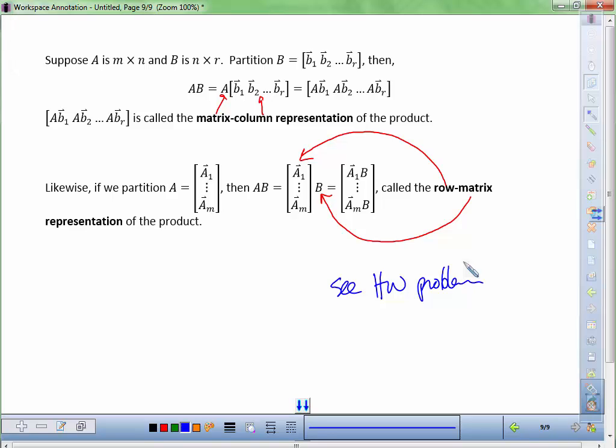And the last thing is an inner product versus an outer product. So in the matrix column representation that we have, what's happening between the middle commas? Are they multiplied? Well, technically these are column vectors. So this is one column, another column, another column.